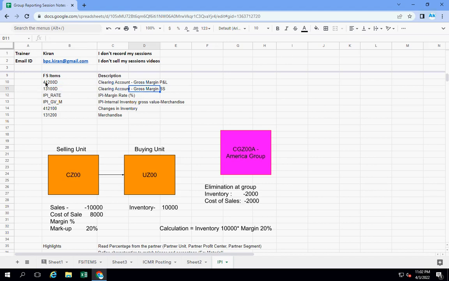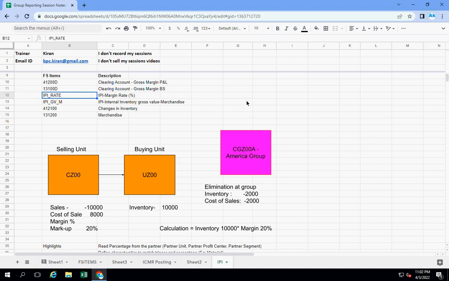One starts with 1, the other with 4. Now the 20% markup rate is maintained against this IPI rate. I created this as an FS item, and it can store quantity, so we have to create the breakdown category accordingly. This is not standard.